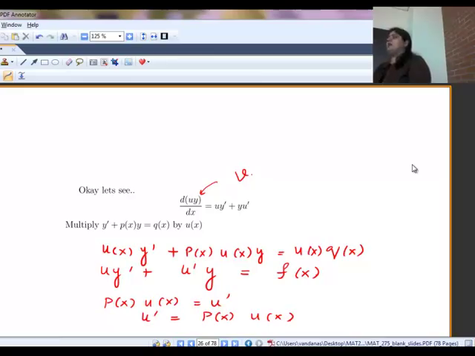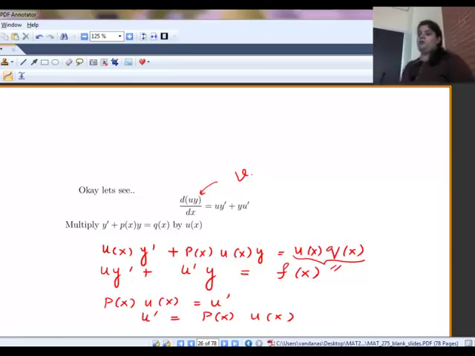The moment we get u, we will multiply u with y, and that will be our v. Then we have converted the whole problem into d(uy) over dx equals f(x), where f(x) is nothing but your u(x) times q(x). So this whole thing is your f(x), and you just have to find this u. The moment you have u, you have v.